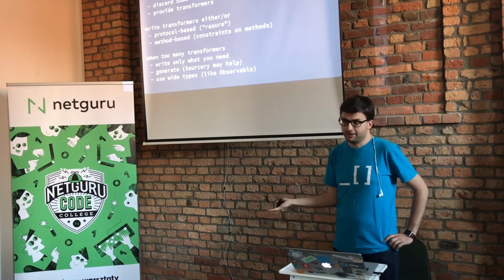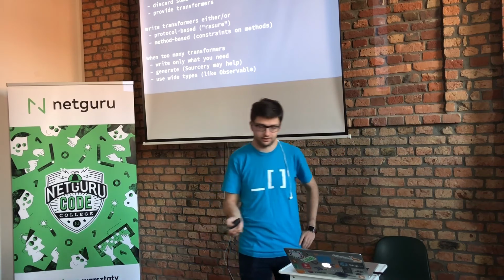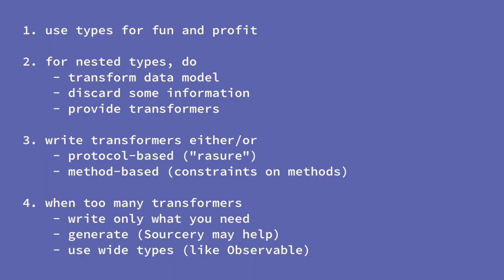I think types are pretty cool to use to express the logic better. I think it makes for a declarative API, which is way better than the one that we are usually working with, for example, based on completion handlers. If you do have nested types, there are those 3 ways.